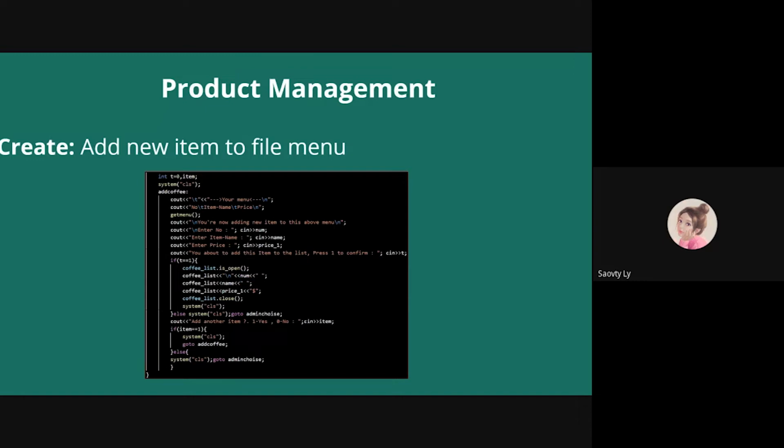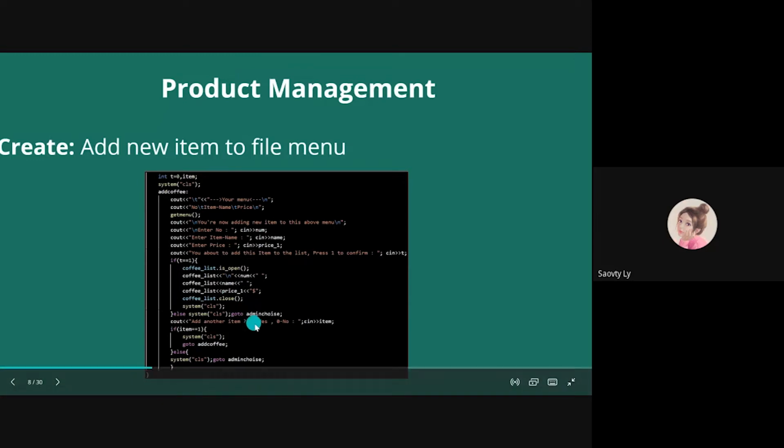Moreover, there is one more confirmation asking whether the user wants to add another item to the file menu. If the answer is yes, it will fall back into the condition and add the data to the file menu again. If the answer is no, it will leave the condition.